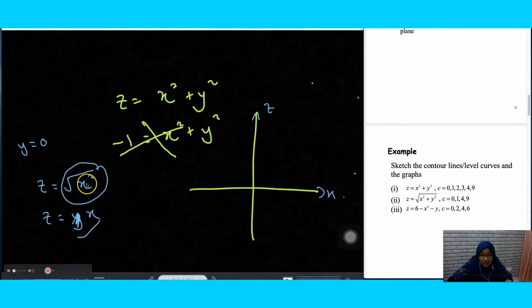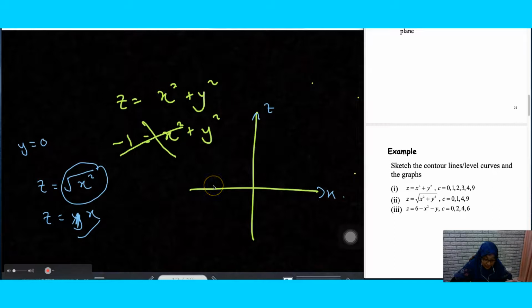Why am I saying that? If you put x negative, it is also possible, because when you put -1 and then you square, 1 square root still gives you a value of z, isn't it?